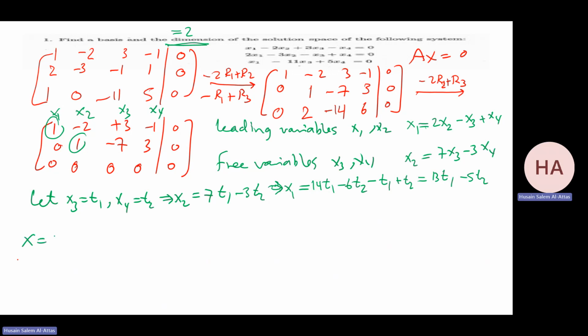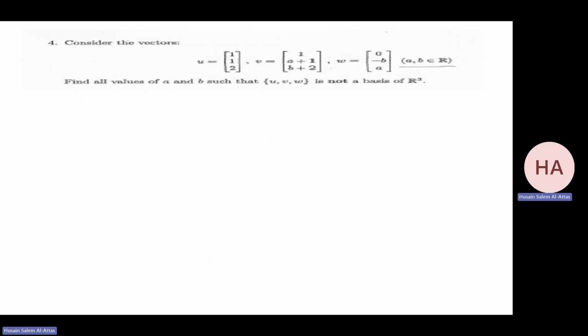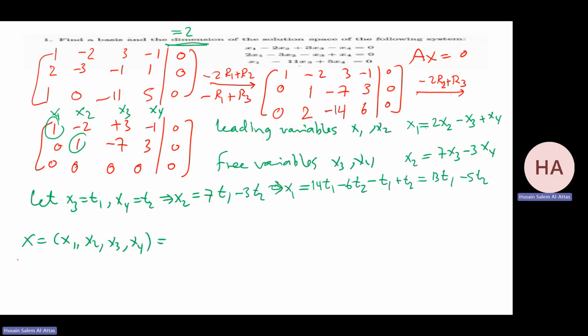So my x as a solution, hopefully I did the calculation correctly, will be x1 13 t1 minus 5 t2, x2 7 t1 minus 3 t2, x3 t1, and x4 t2.